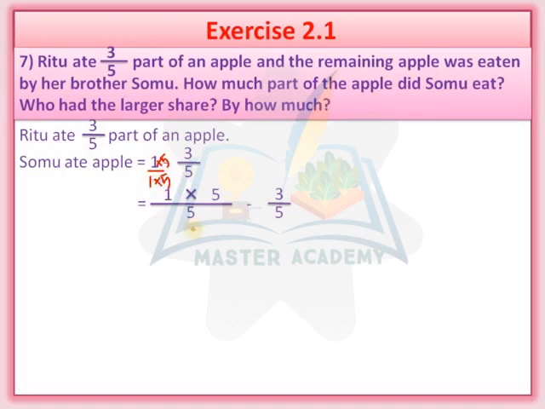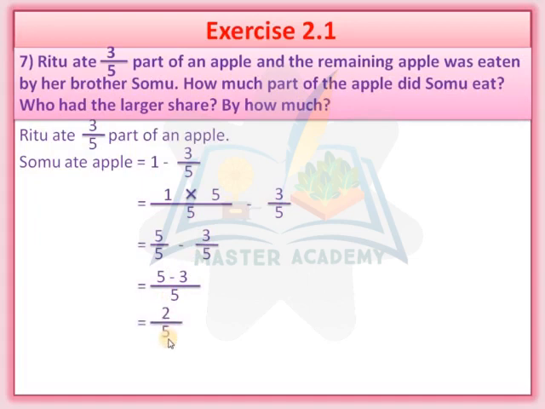So 1 multiplied by 5 upon 5 minus 3/5. Now both the denominators are same, so 5 minus 3 upon 5. The answer is 2/5.